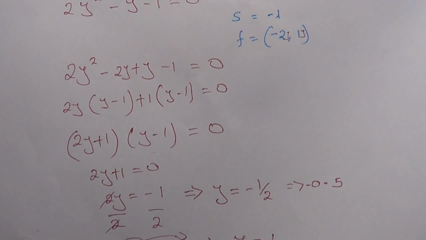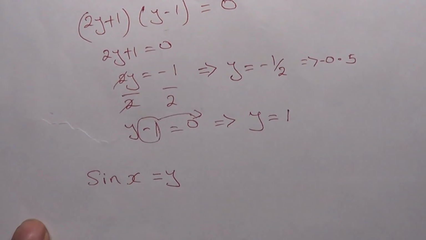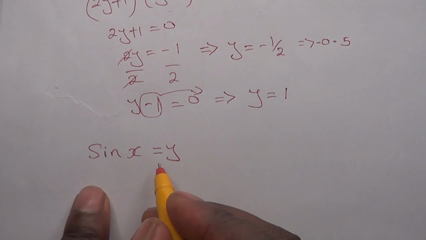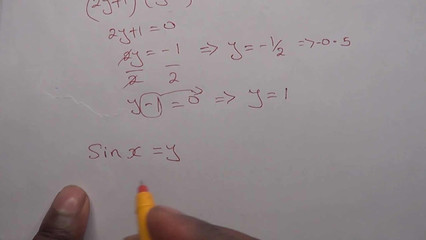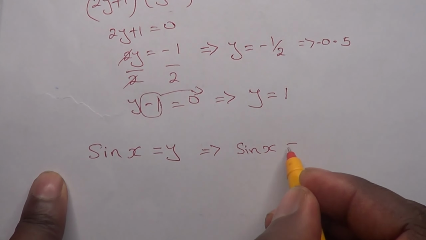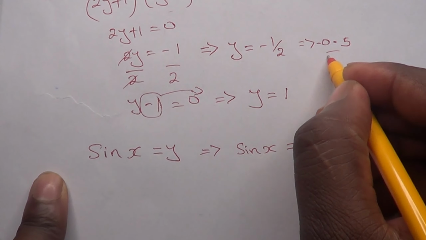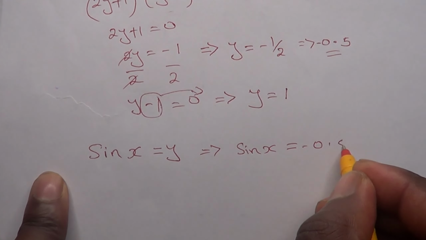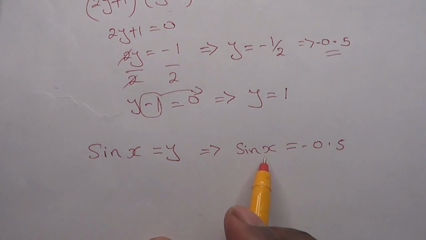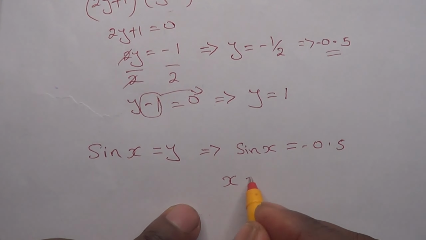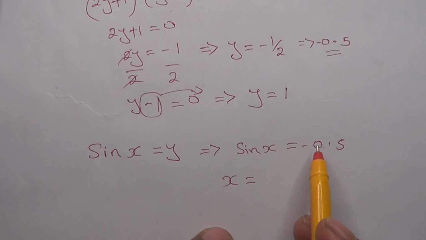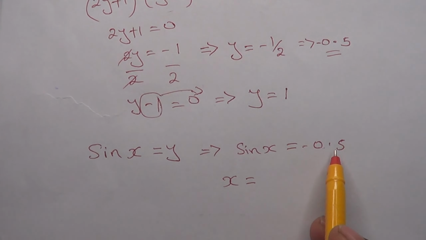So sin x is equal to, let me start with this one, -0.5. So I need to find the sin inverse so that I can get the angle of x. x is equal to the sin inverse of -0.5.